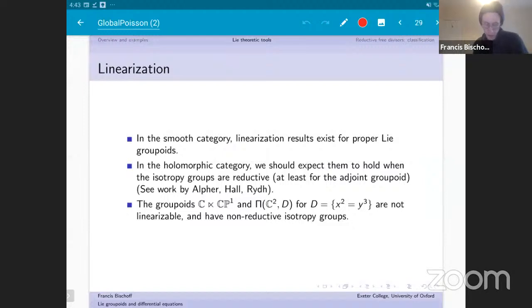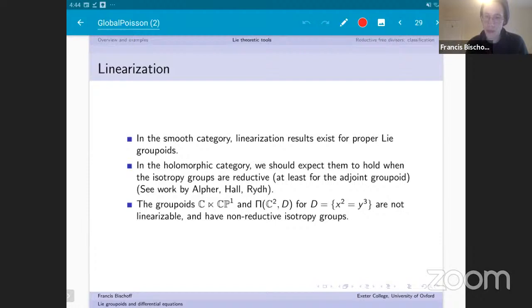Okay, so just a couple of final comments about linearization. In the smooth category, linearizations usually only exist for proper groupoids, those are groupoids that have some type of compactness property. In the holomorphic category, we should also not expect linearization to always exist.